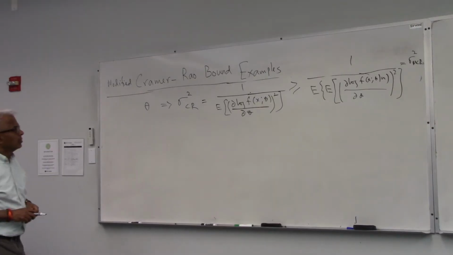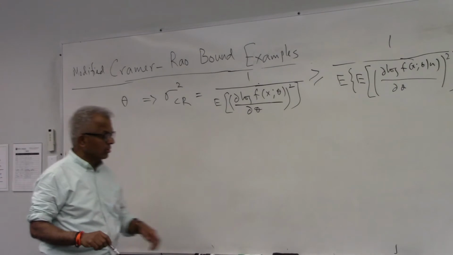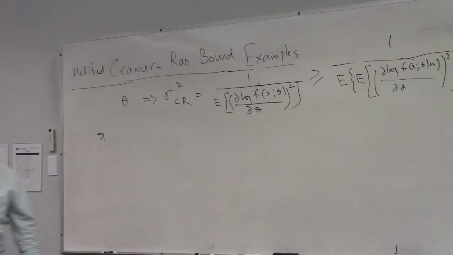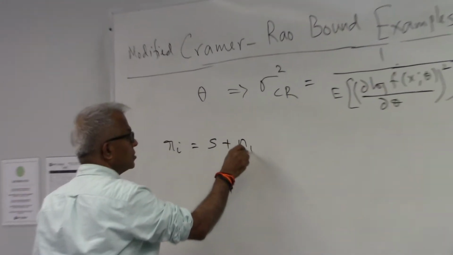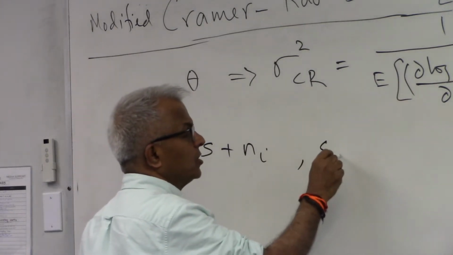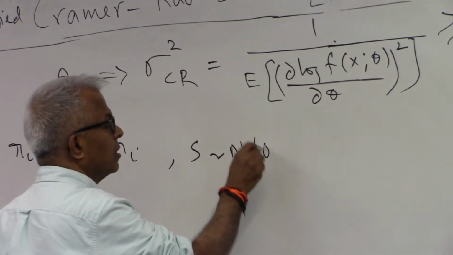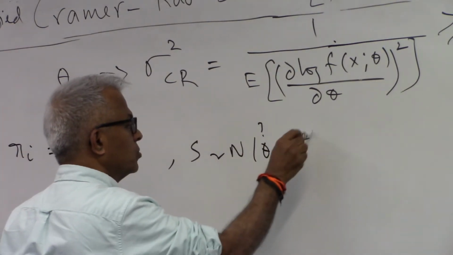The Cramer-Rao bound. So let's say the data x_i, or r_i, is of the form signal plus noise, and the condition is the signal is Gaussian with parameter theta and variance sigma squared.